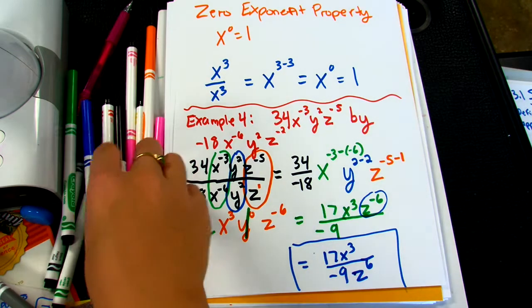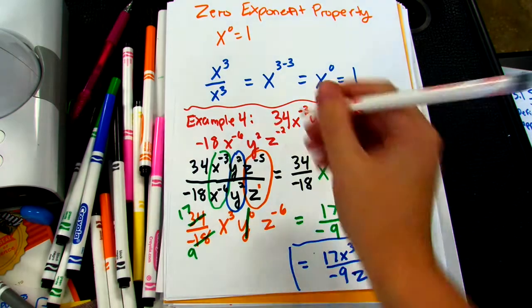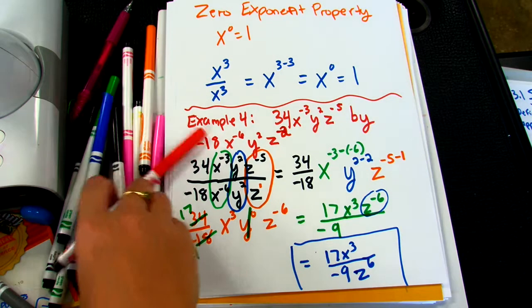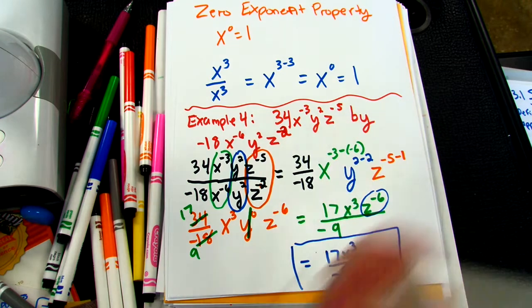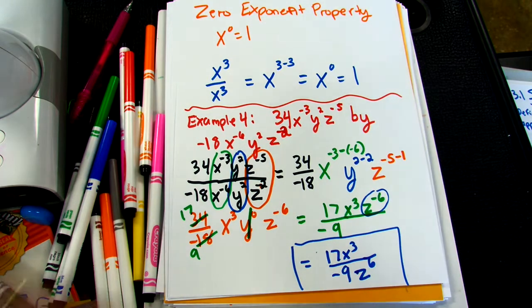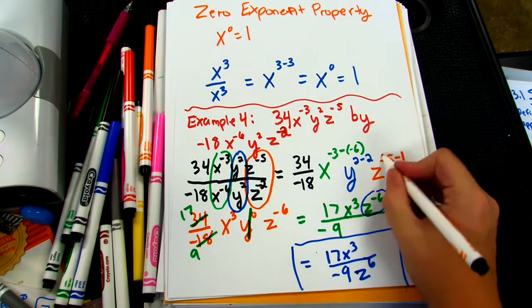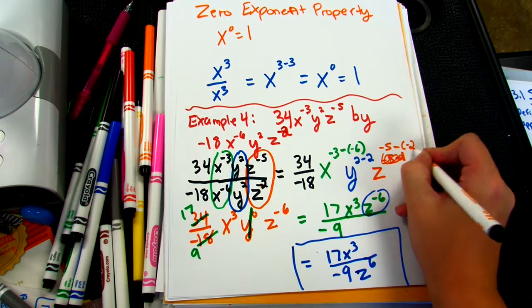I just realized a small error. This right here was z to the negative 2, which means that this z right here in the denominator should have been z to the negative 2, which means it would have been negative 5 minus negative 2.